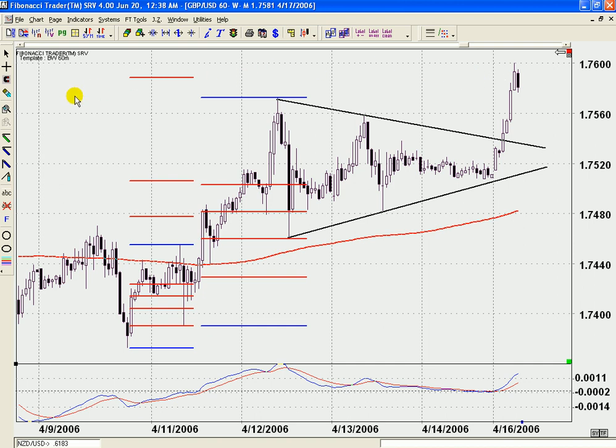We may watch for it to come back. Let's just watch this level here, or somewhere in and around here, 75, 60, 60 to 80.